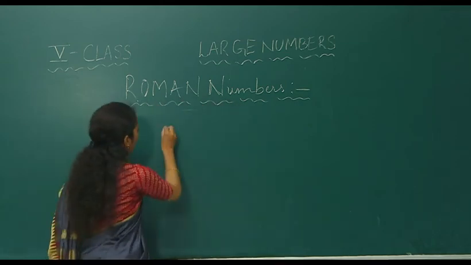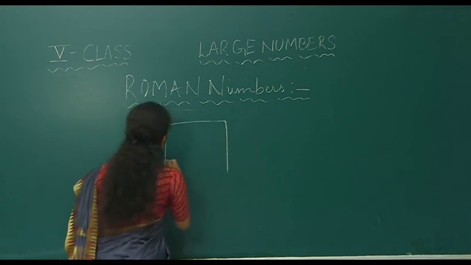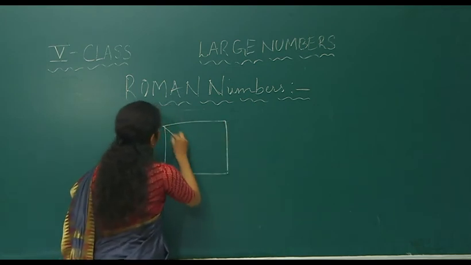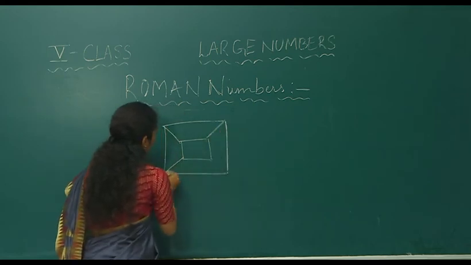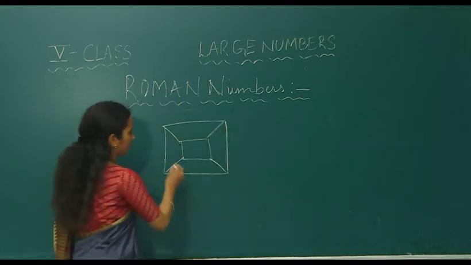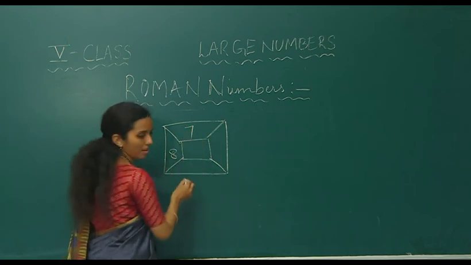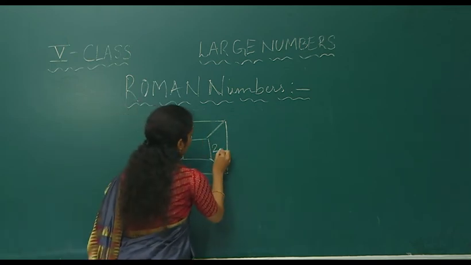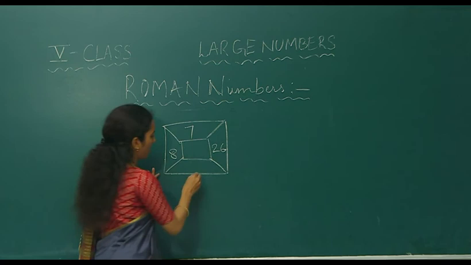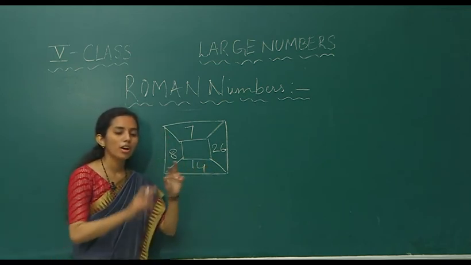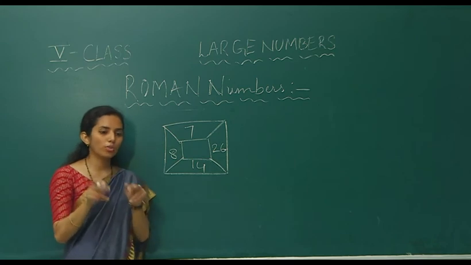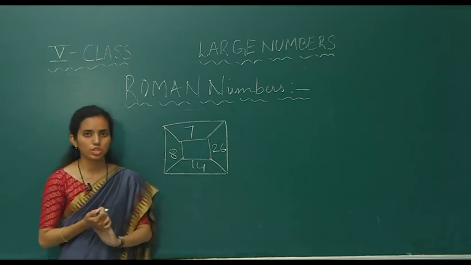For example, let us take the first: 8, 7, 26 and 14. This type of cards, 12 of them, are given in your textbook on page number 20.